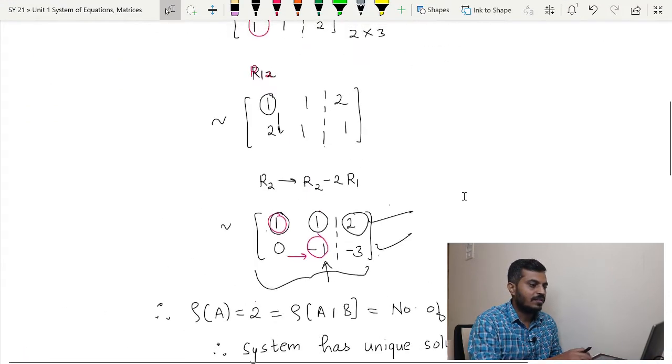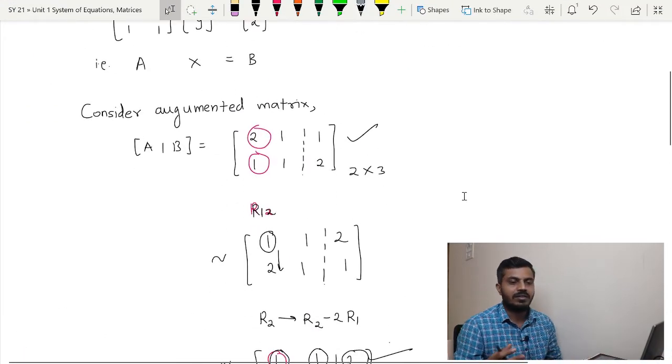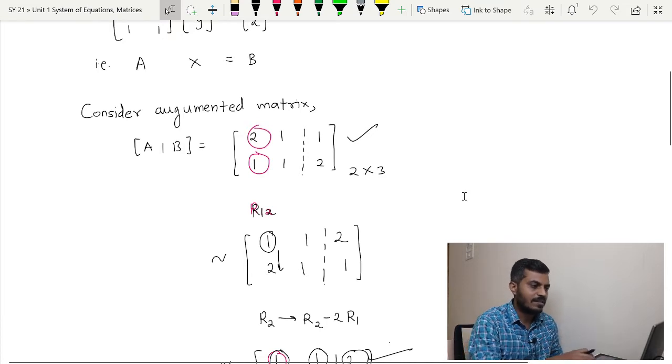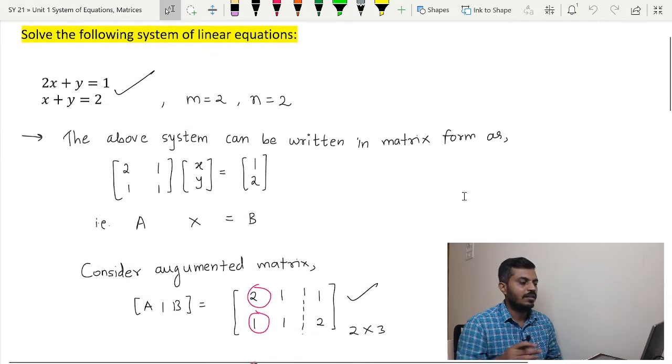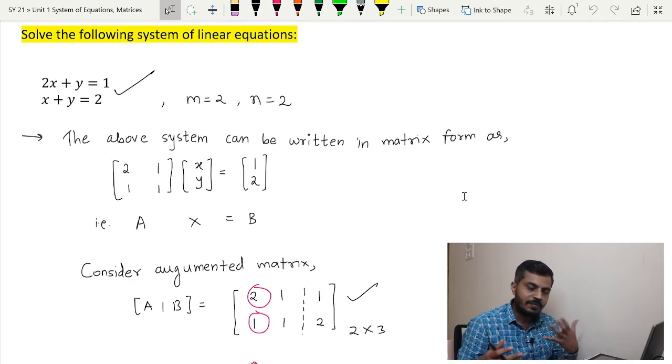Now, you will say, sir, it took a lot of time to solve it. Yes, the time taken is more than the algebraic method, but that is the case because the number of equations and the number of unknowns are few, there are only 2.